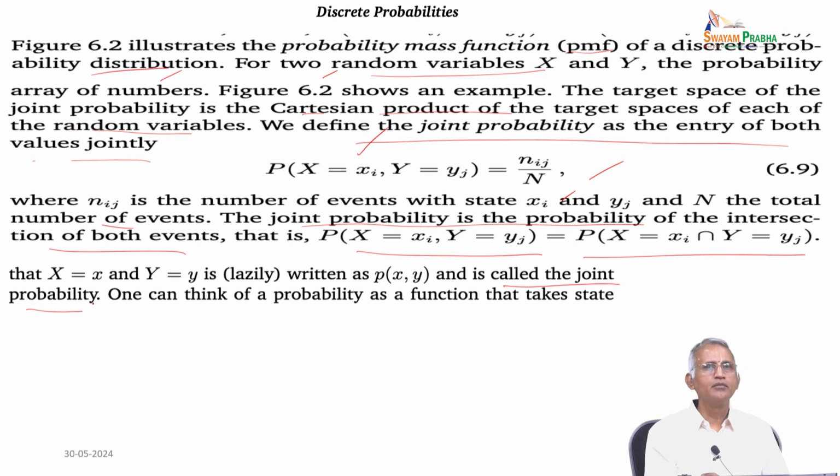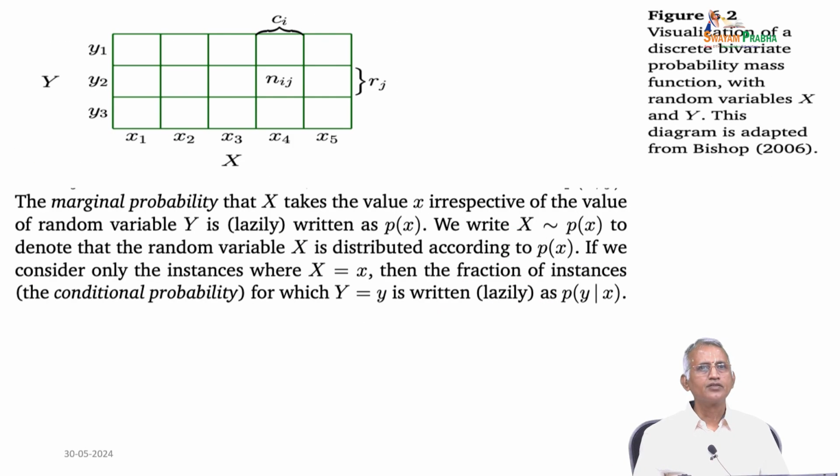This is most important for the joint distribution of the function, and one can think of the probability function as taking the state. This is the picture I mentioned earlier, the visualization of a discrete bivariate probability function with respect to x as well as y. This diagram is adopted from the book by Bishop 2006.